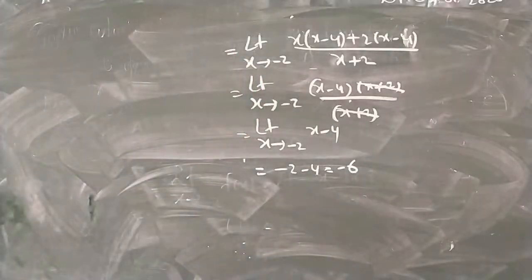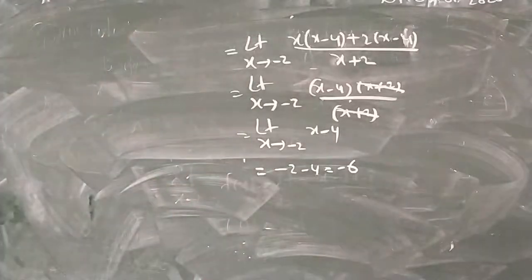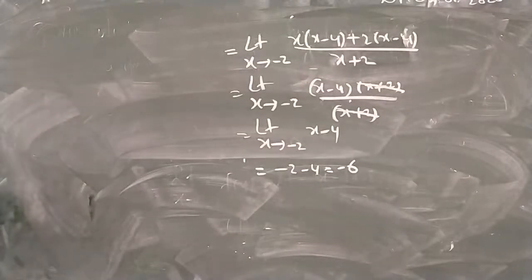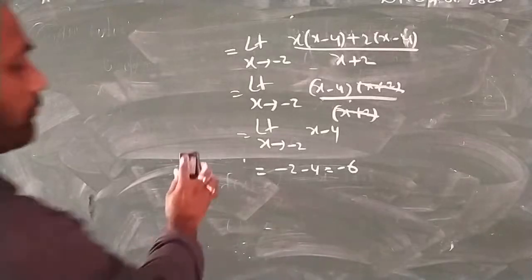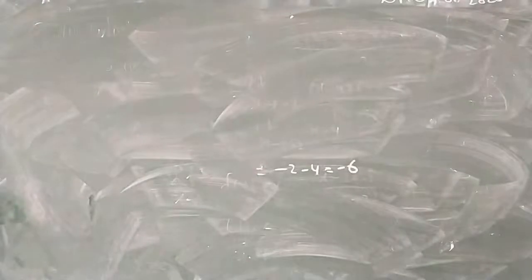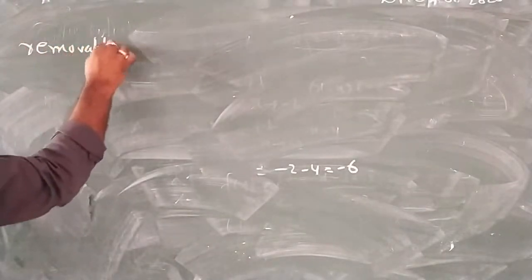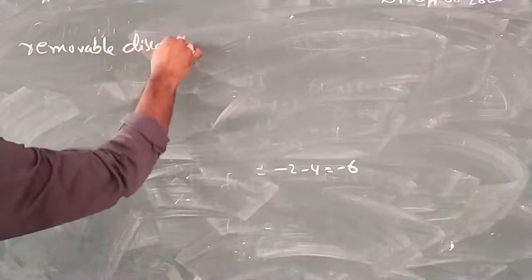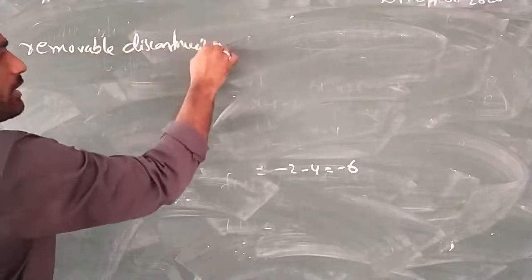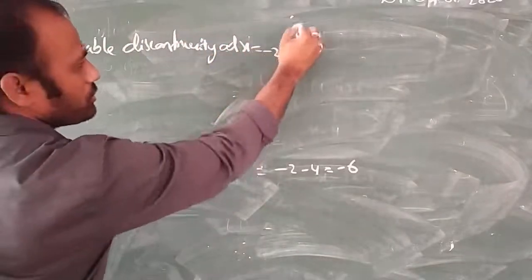So now the discontinuous function we can change like this. We have got the answer as minus 6, so it is a removable discontinuity at x is equal to minus 2.